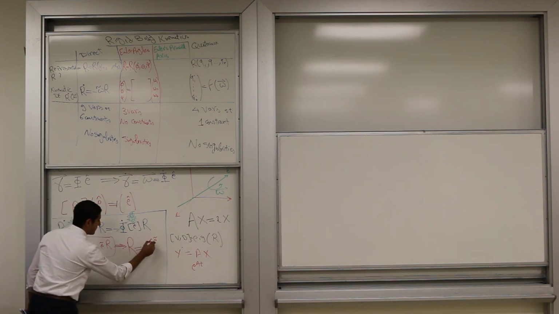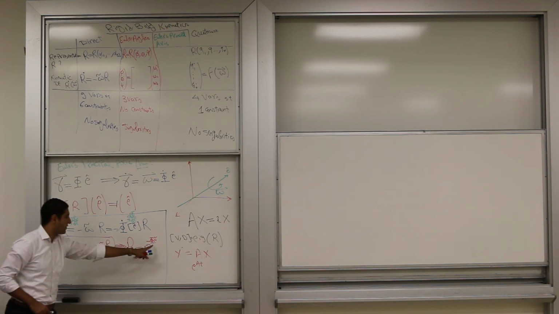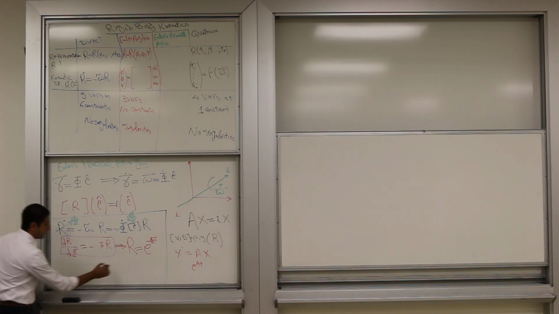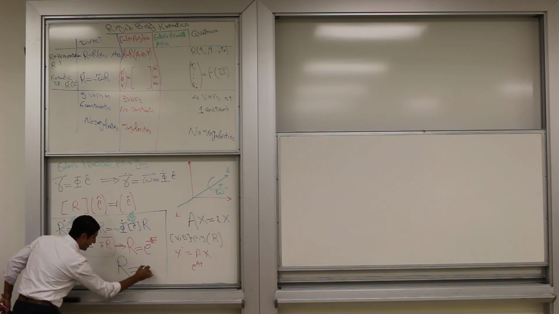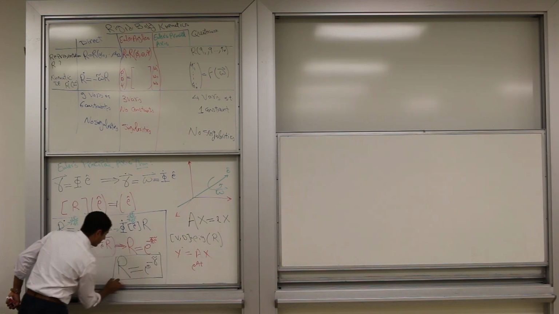And can you tell me what phi E tilde is? Phi E tilde is simply gamma tilde. So R is the exponential of negative gamma tilde.